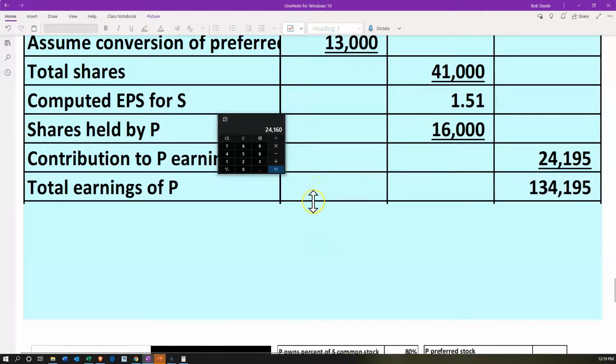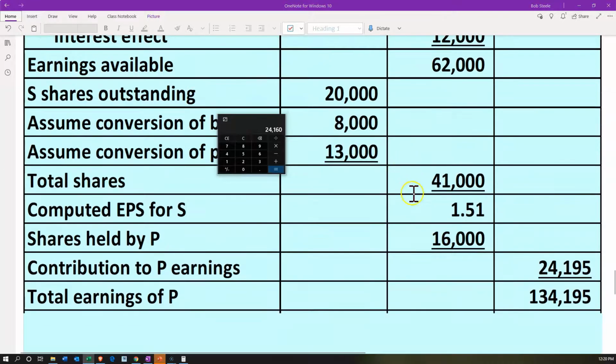Then we're going to have the total earnings of P, which will be, and before we do that, let me just show you the kind of a rounding effect here, because we saw that if I take the 62,000 divided by the 41,000, that's going to give us our 1.51 about. But let's keep it unrounded here.